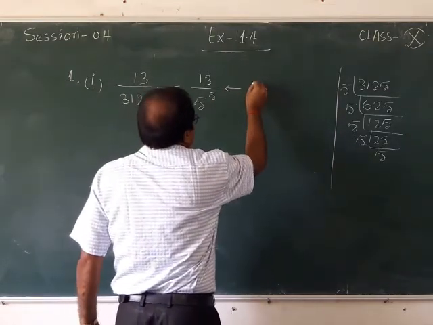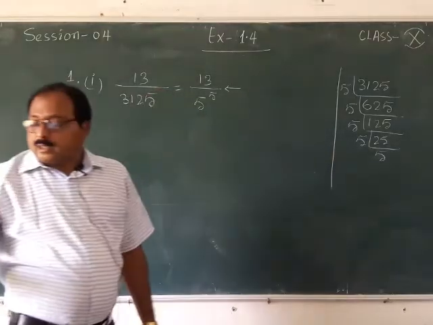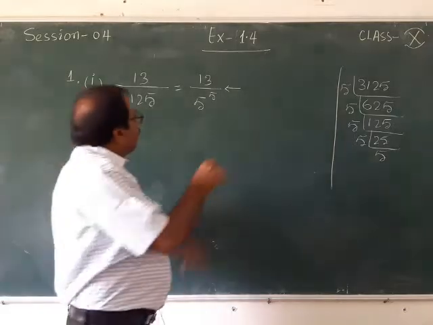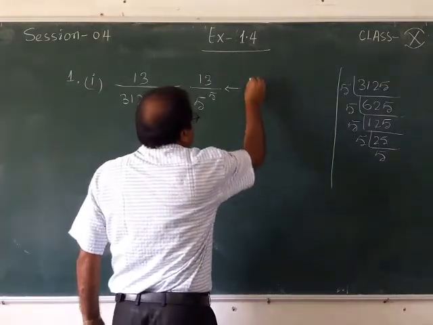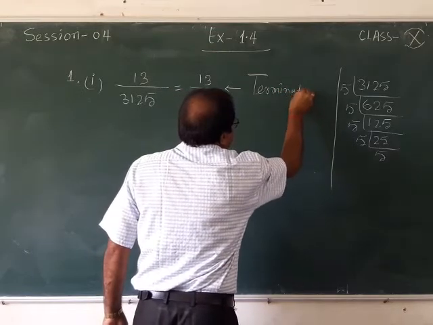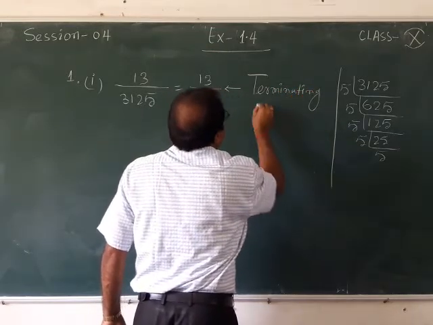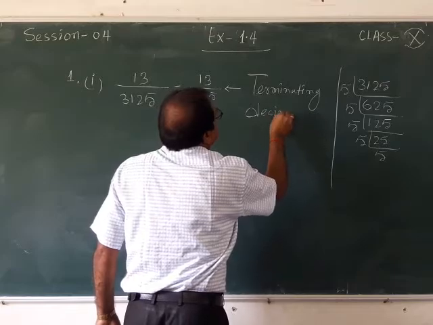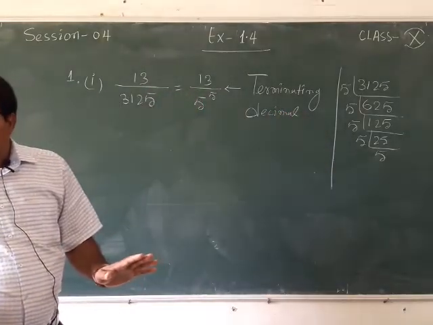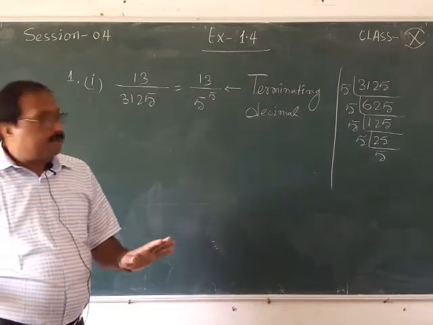In this question they are asking what type of decimal it is, so you can just write it is a terminating decimal. Why is it a terminating decimal?